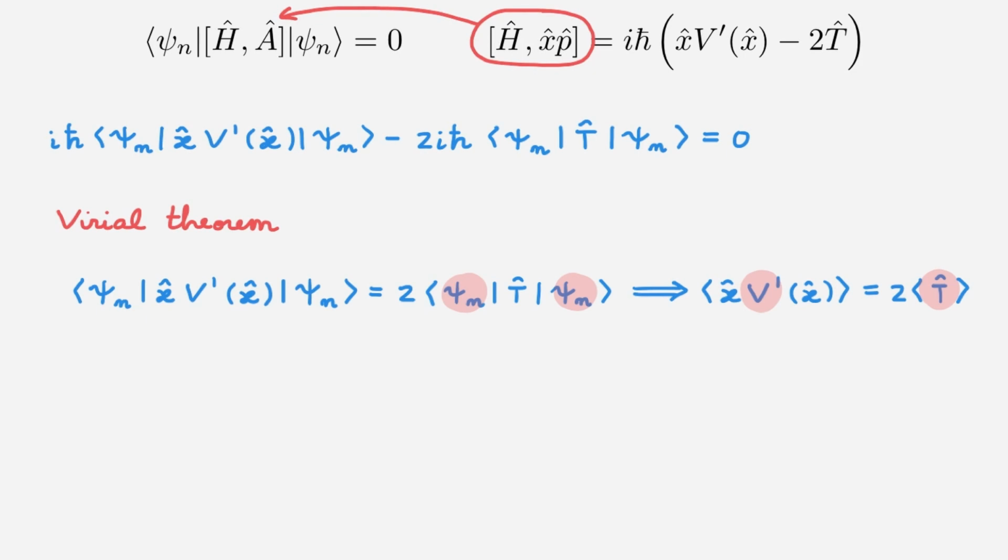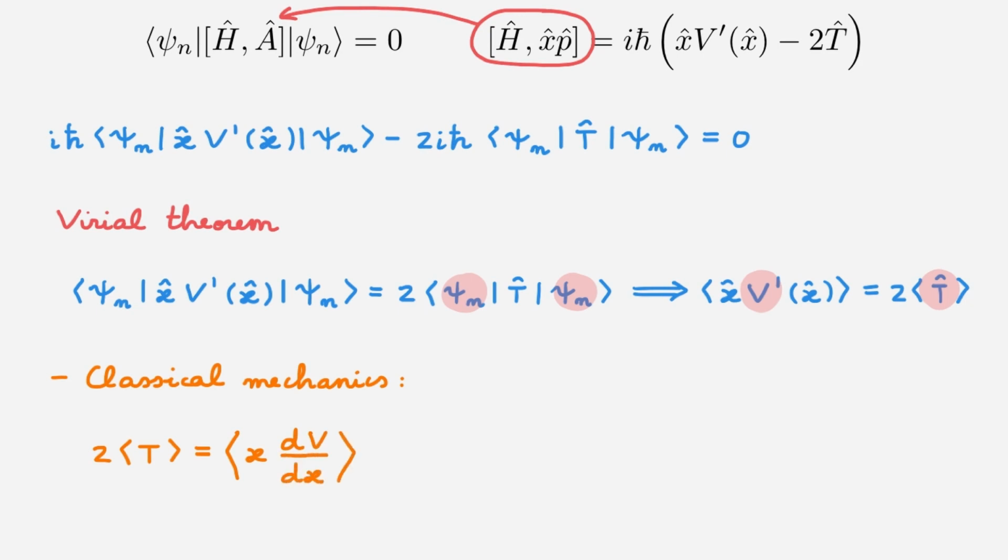Interestingly, there is also a Virial theorem in classical mechanics. The result is analogous to the one we just obtained in quantum mechanics. 2 times the time average of the kinetic energy is equal to the time average of x times the derivative of the potential. Now I'm using the same symbol of angle brackets, but the meaning in classical mechanics is that of a time average.